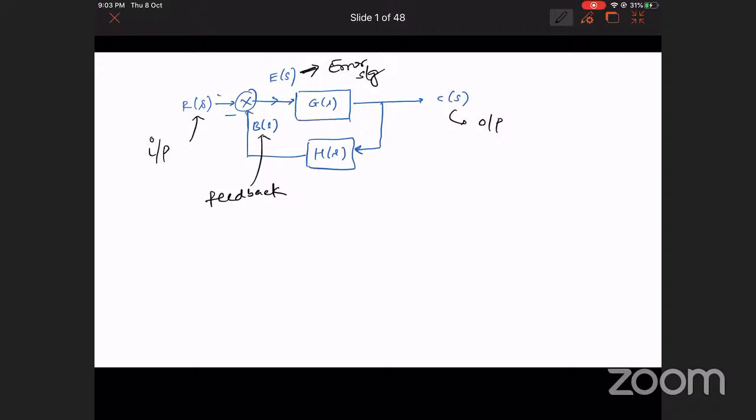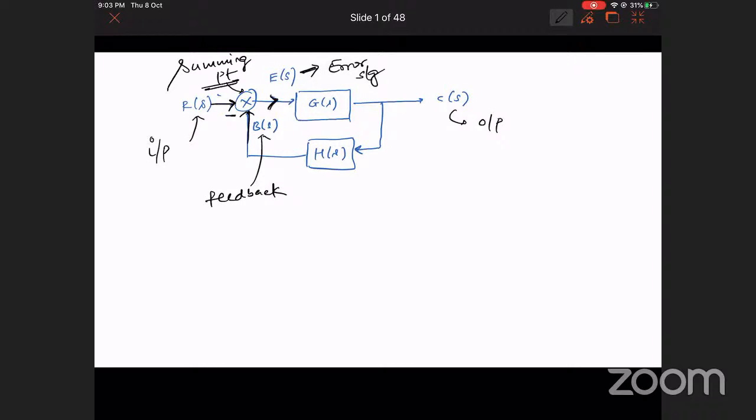So here I'm going to tell you something about steady state error. Before that, I'm sure you know about this system. This is what we call a summing point, guys. The job of the summing point is to add two inputs. One of them is R of s. The next is B of s with negative sign. So what is the output of the summing point?